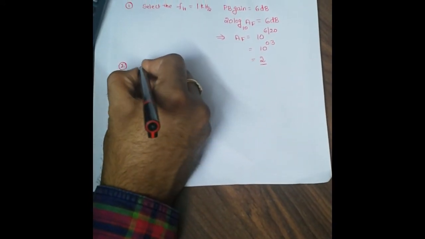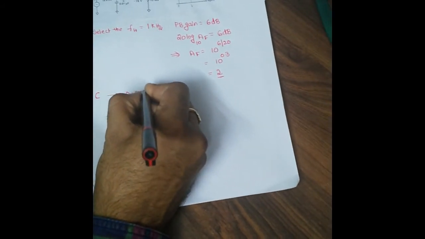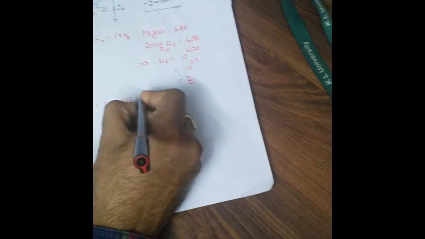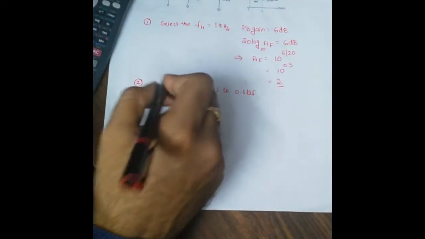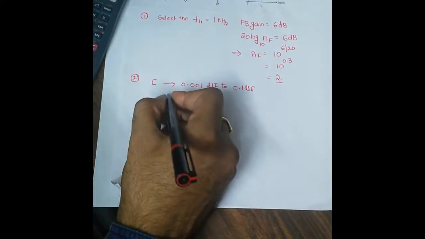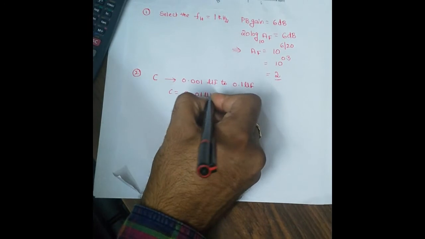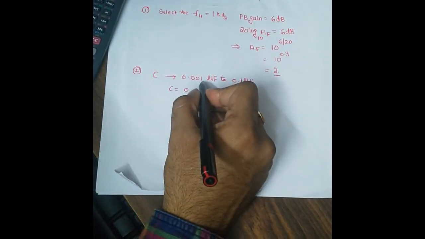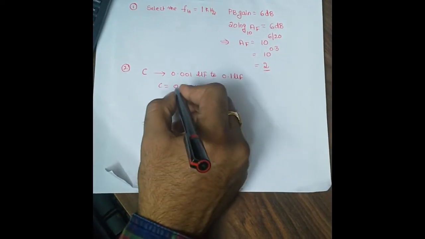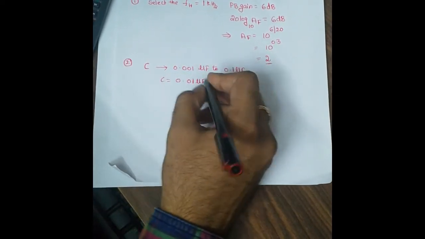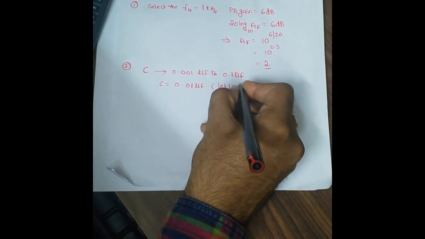For this, we need to select the value of capacitance C between 0.001 microfarad and 0.1 microfarad. In this design, I am selecting C as 0.01 microfarad. You may take from 0.001 to 0.1 microfarad, but here I am selecting 0.01 microfarad.